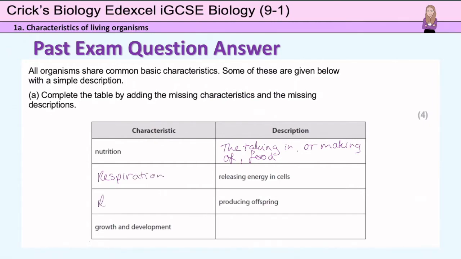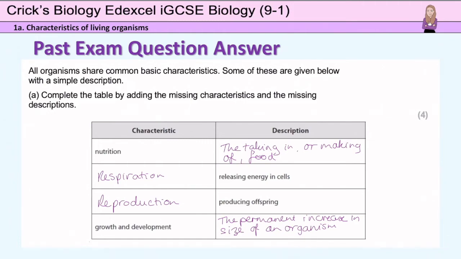Producing offspring is reproduction. Growth and development, the permanent, remember it's got to be permanent, increase in size of an organism. And you could say there by an increase in size or number of cells.